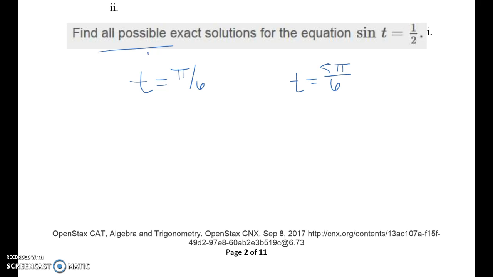They don't say anything about domain in this one. And so I'm going to say plus or minus 2k pi on each, and again, this is where k is an integer. And it goes back to our conversations at the beginning of this section dealing with sine and cosine and talking about how their periods are 2 pi.